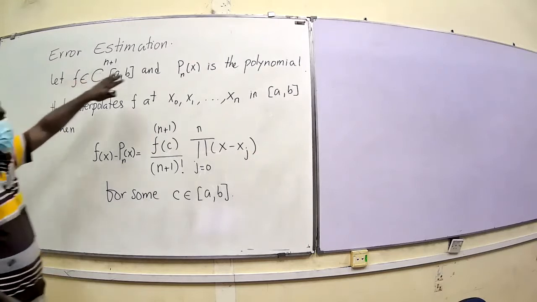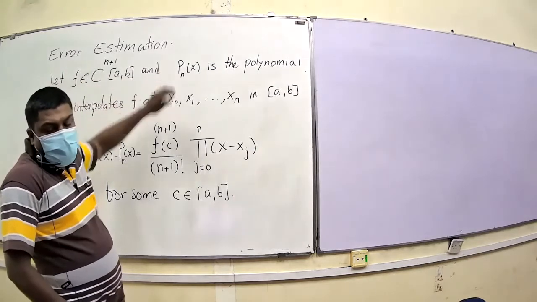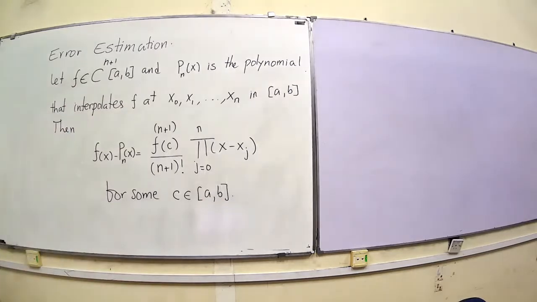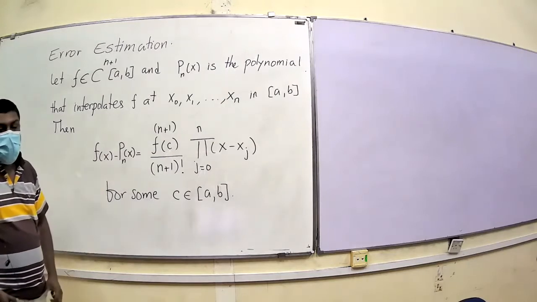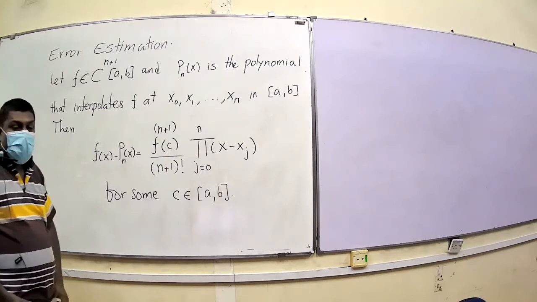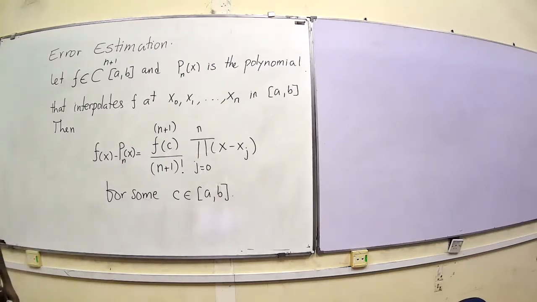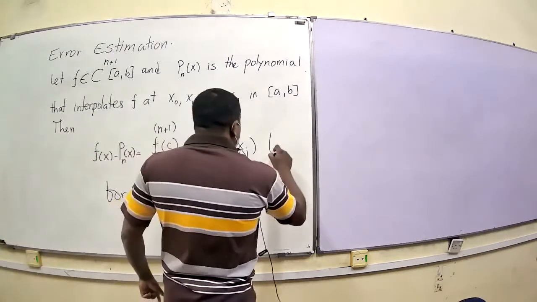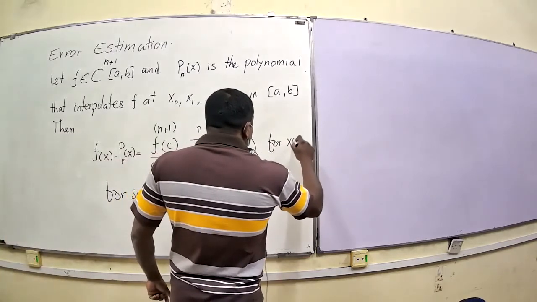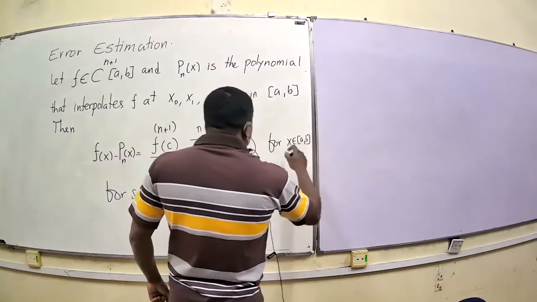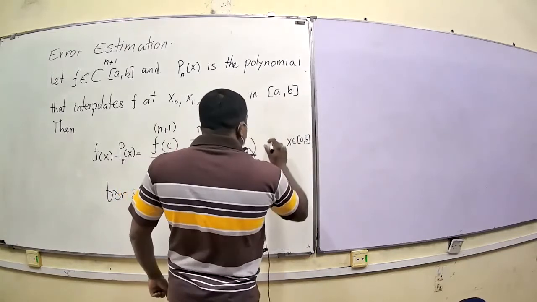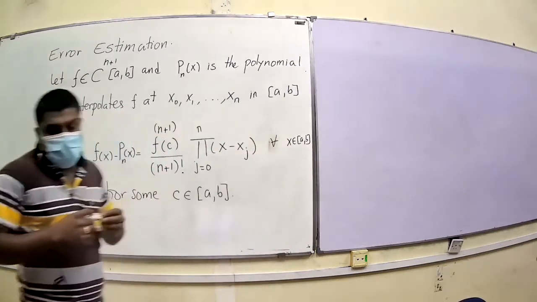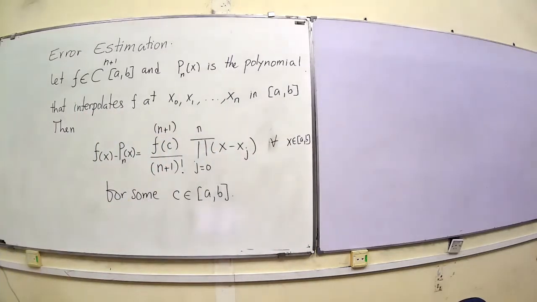Suppose Pn is the polynomial that interpolates f at these distinct points x0, x1 up to xn. Then f of x minus Pn of x is the error, for all x belonging to [a, b].